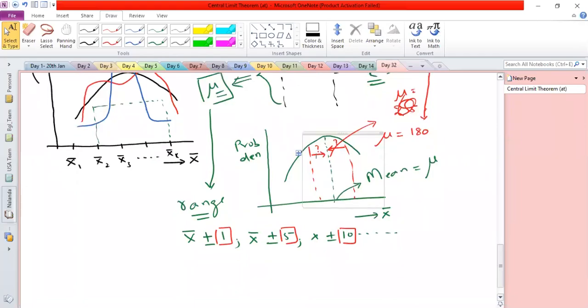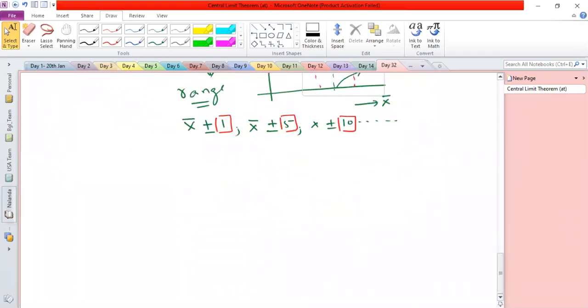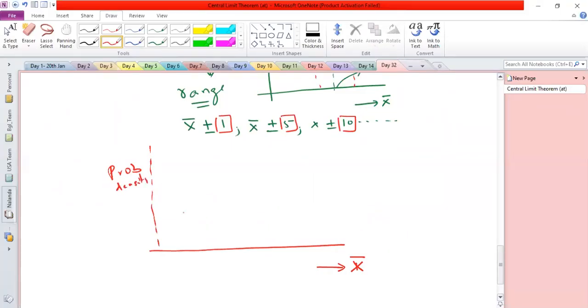Okay, so I'm moving on. Before that, let us define what this is called. This is the x1 bar, like this.